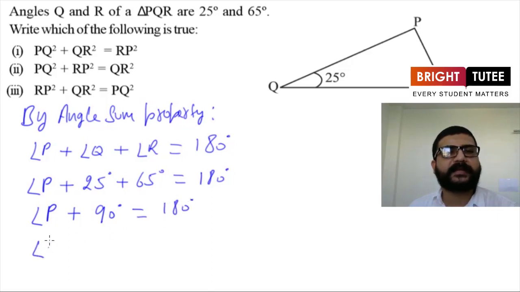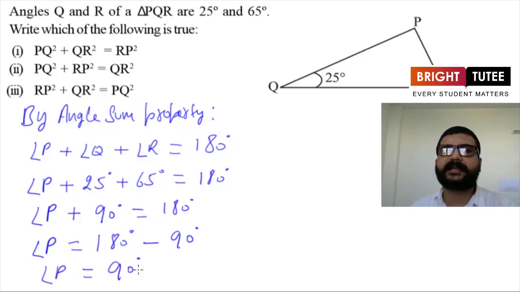Now from here, we can transpose this 90 on the right side of the equation. So this will give us angle P is equal to 180 degrees minus 90 degrees. Now 180 minus 90 is 90. So it means we are having angle P as 90 degrees. So we can say angle P is right angle. So it means PQR is a right angle triangle which is right angled at P.